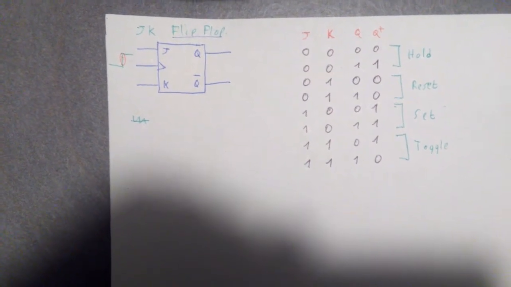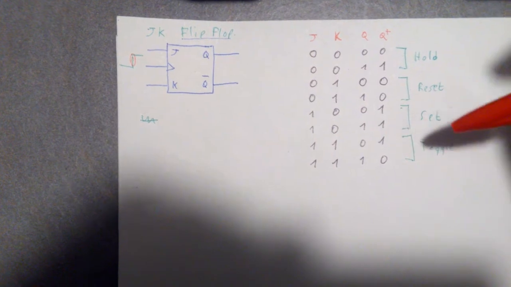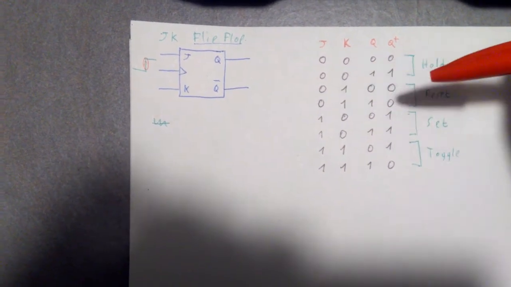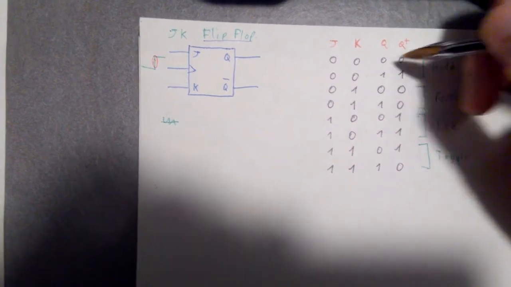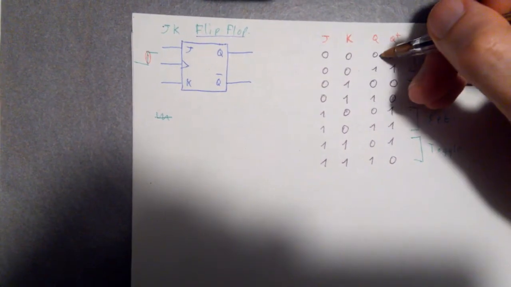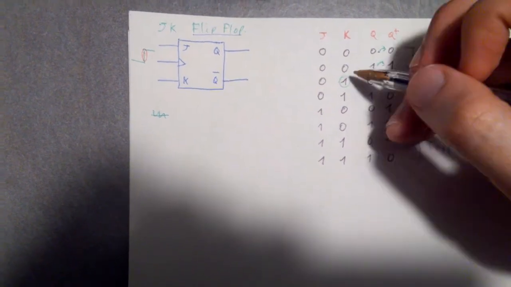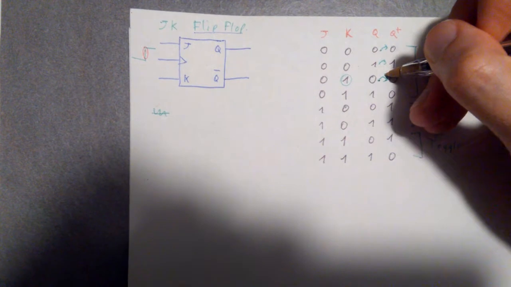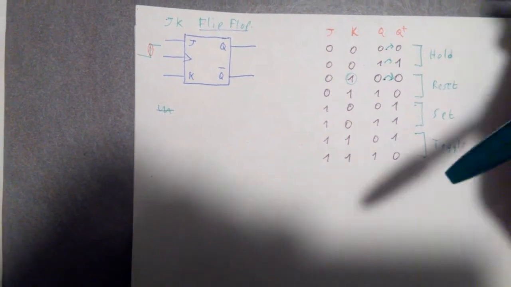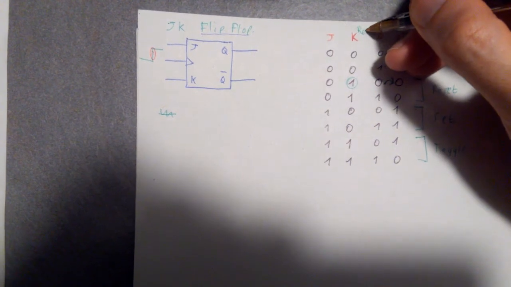It's kind of similar to the RS flip-flop. If J and K are 0, the output is just going to stay the same. If K goes to 1, then the output always goes to 0, so we can think about K as a sort of reset.